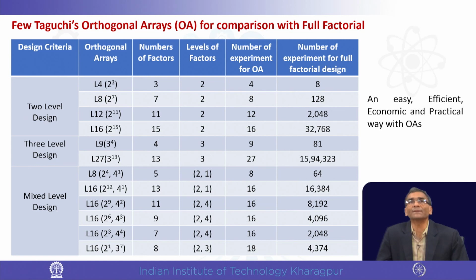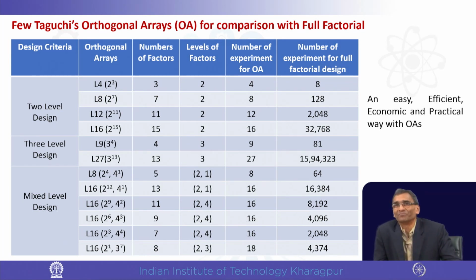Or in other places, say for L16, 32,768 experiments are required, but with Taguchi only 16 will do. So, you understand to what extent the Taguchi method is efficient in reducing the number of experiments, because if you can reduce the number of experiments, we can quickly set the parameters and immediately start working on it, so that the performance variation is minimal.